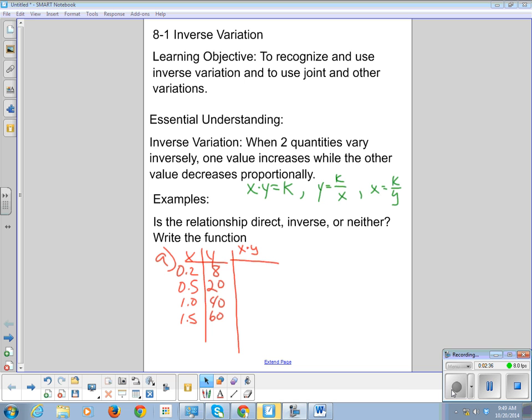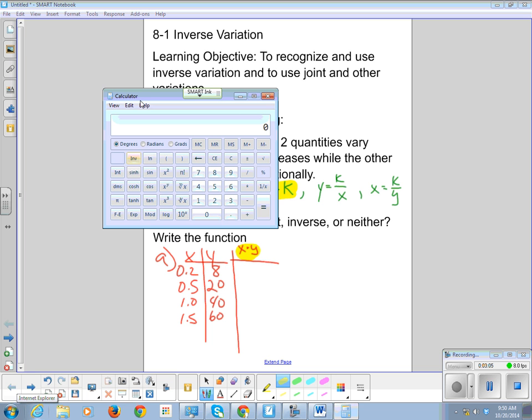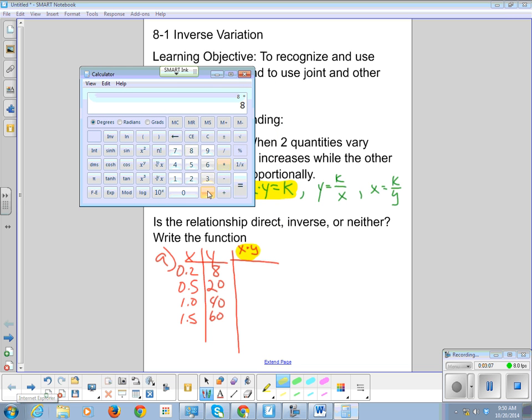So what we're doing is we're testing for inverse variation. If I multiply x and y together and I get the same constant each time, then it's inverse variation. So let's try that. I'm going to pull up my calculator so you know I'm not making up numbers. If I have 8 times 0.2, I get 1.6.